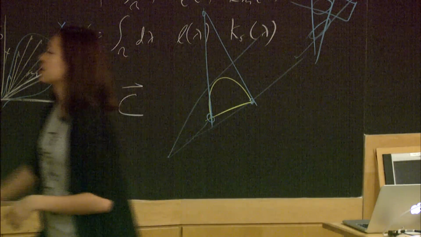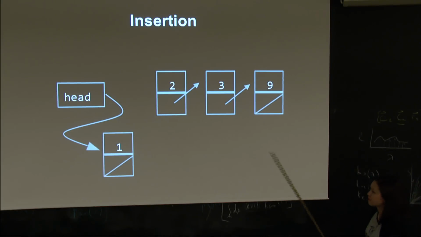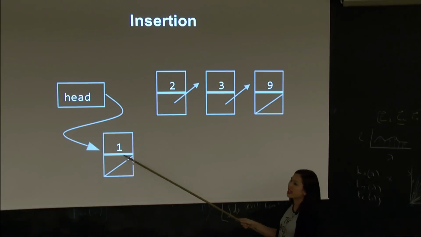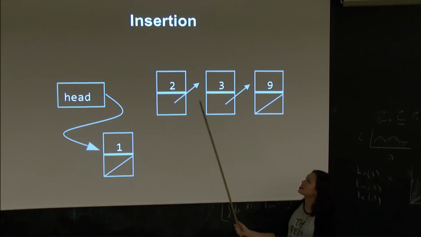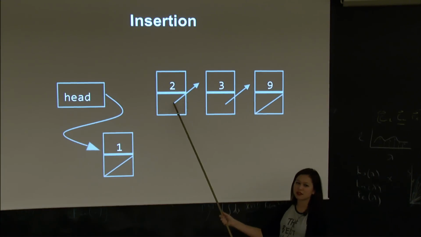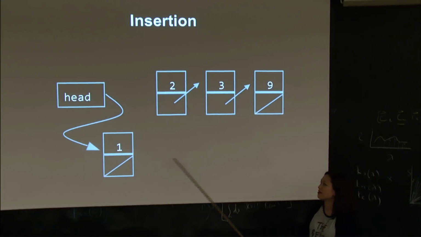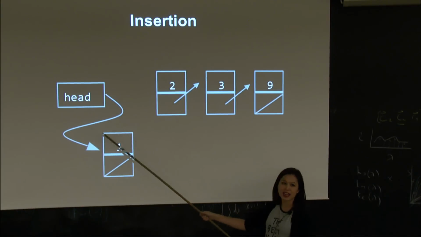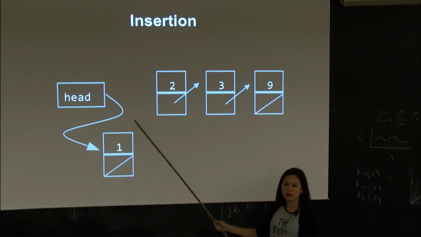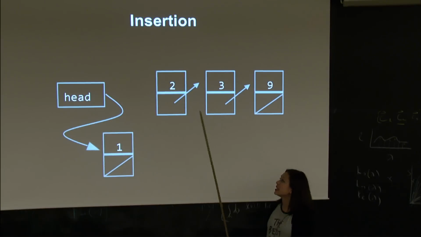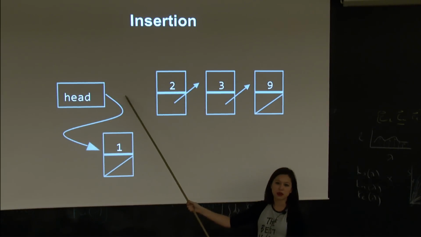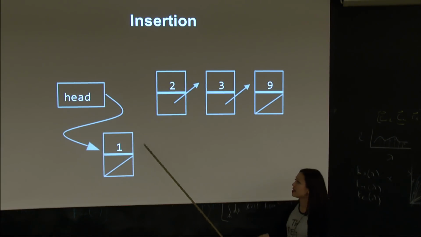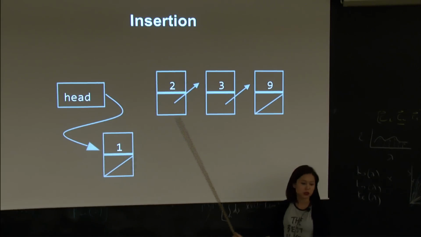Okay? So for example, if we had, in this case, we're telling the head to just point to 1. If we just do that without saving this one, we have no idea what 1 should point to now because we've lost what the head pointed to. So one thing to remember when you're doing a prepend is to save what the head points to first, then reassign it, and then update what your new node should point to.